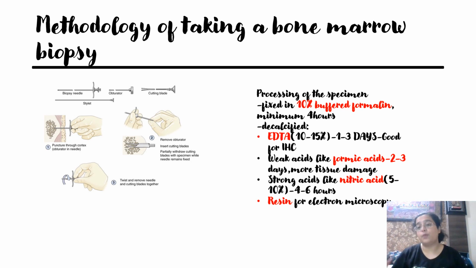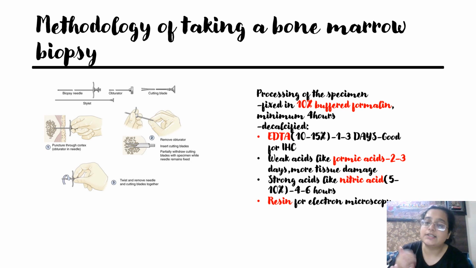Now you would ask me why I am specifically using it for IHC? The reason is, in IHC we do surface antigen retrieval, surface or cytoplasmic, there is a step known as antigen retrieval. Now when you are using an acid for decalcification, it denatures the surface proteins.